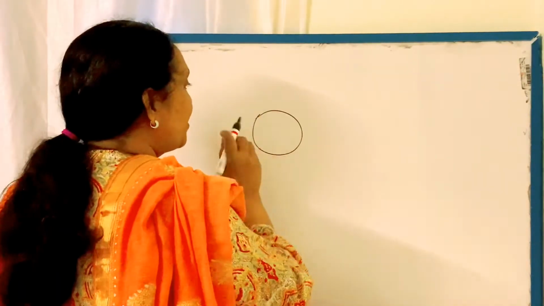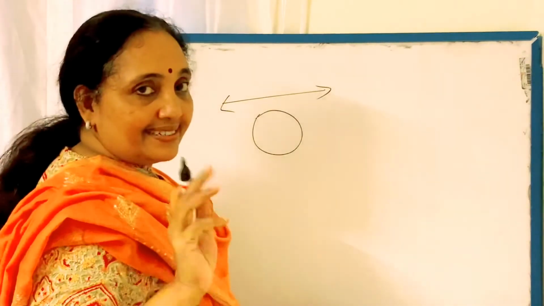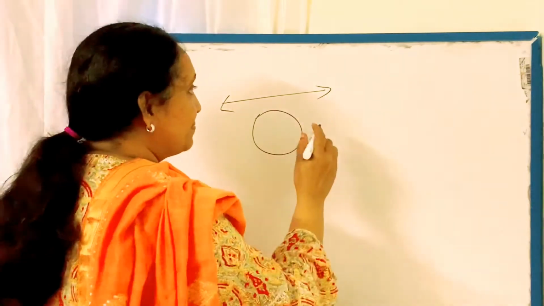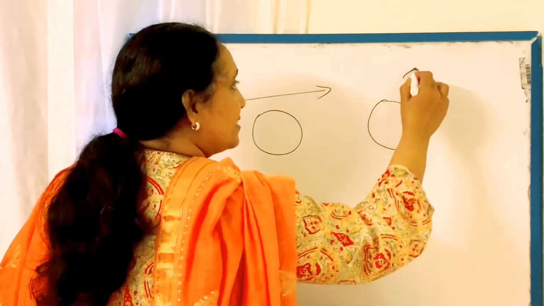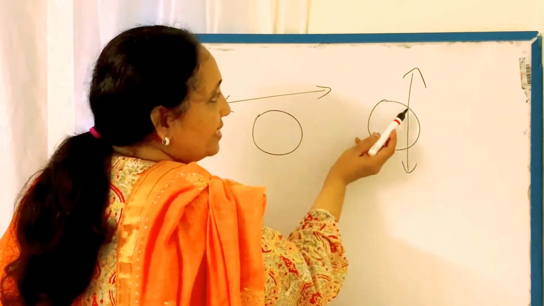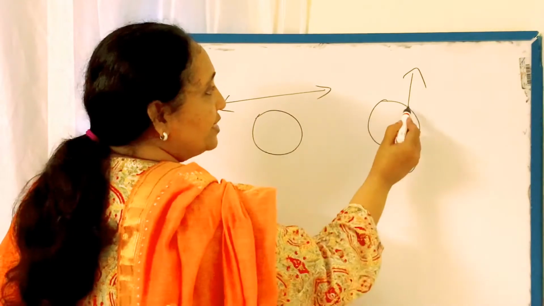Let us see. Look here. We can draw a circle like this. This is one way. We can draw like this. Here, the line touches the circle at 2 points.